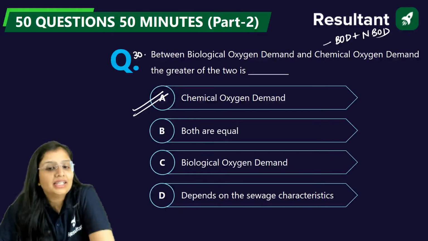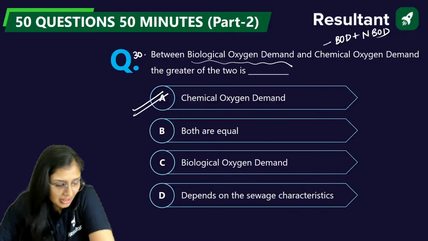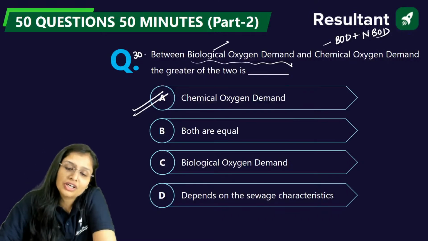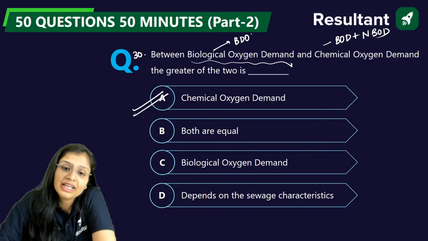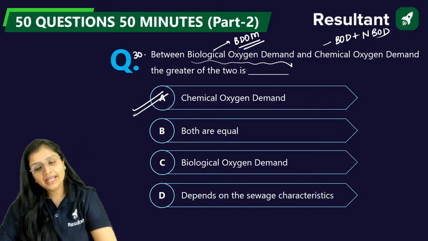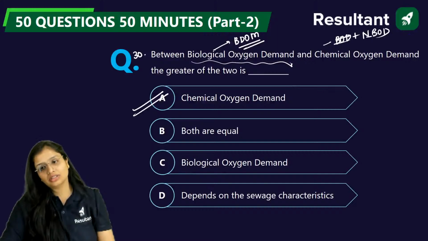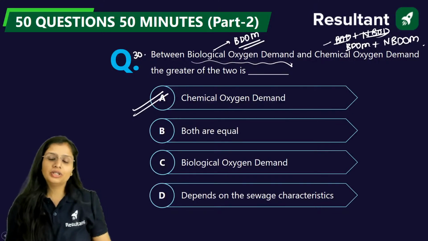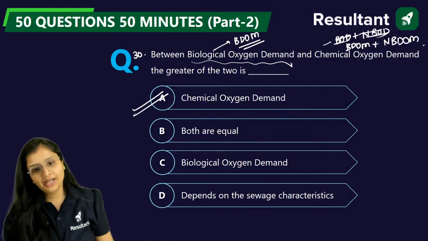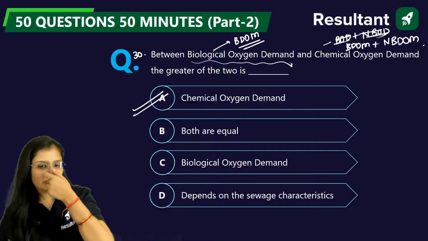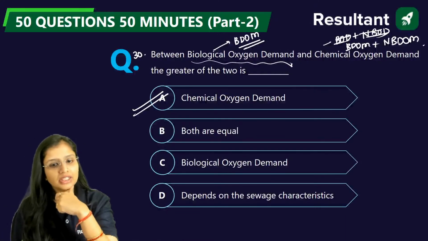But in the case of biochemical oxygen demand, this is the amount of oxygen required for the decomposition of only biodegradable organic matter. So here oxygen is required for two purposes. Here oxygen is required for one purpose. So obviously, which is more? COD is more.